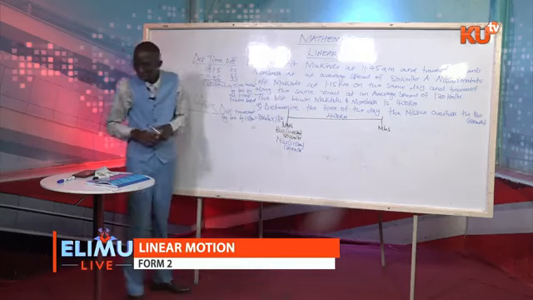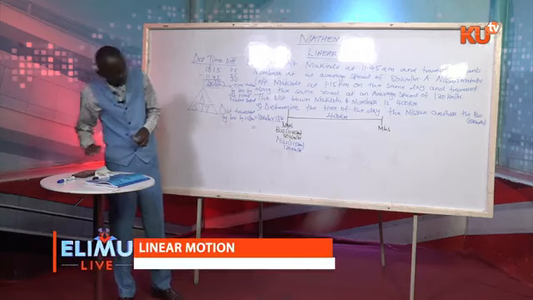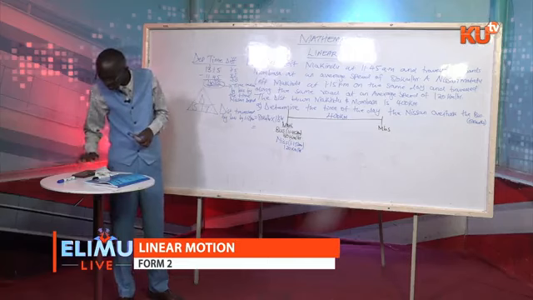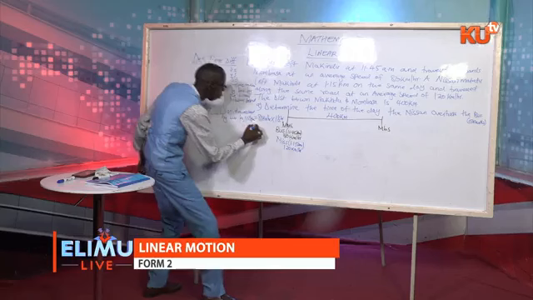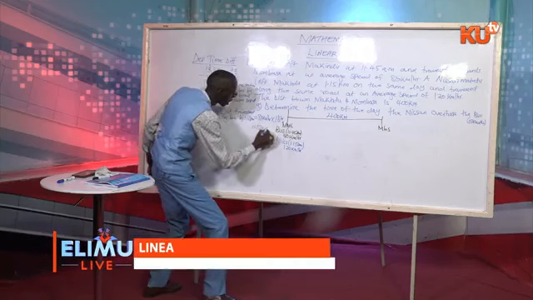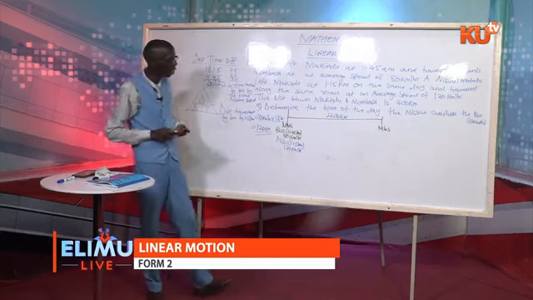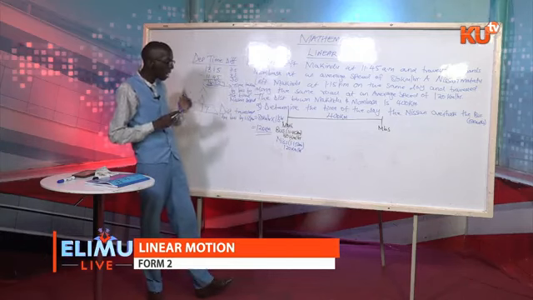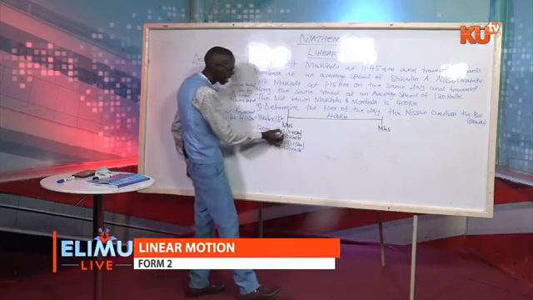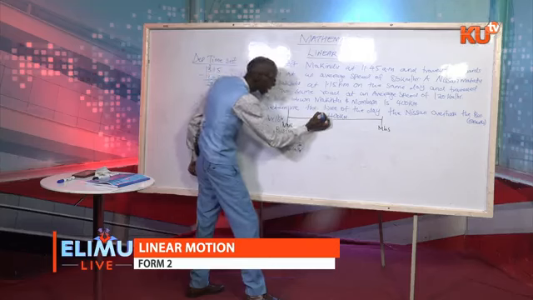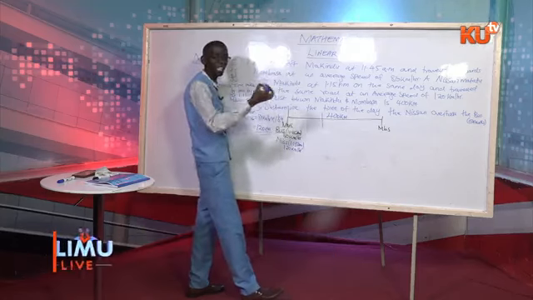I know you have your calculators back at home, and I'm also going to do it together with you. What is 80 multiplied by 1.5? That is 120 kilometers. My dear student, what is 120 kilometers? 120 kilometers is the distance traveled by the bus by the time the Nissan began the journey.